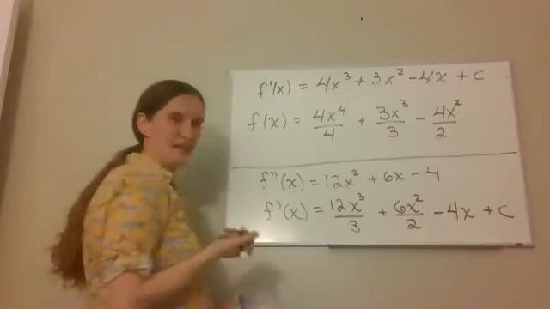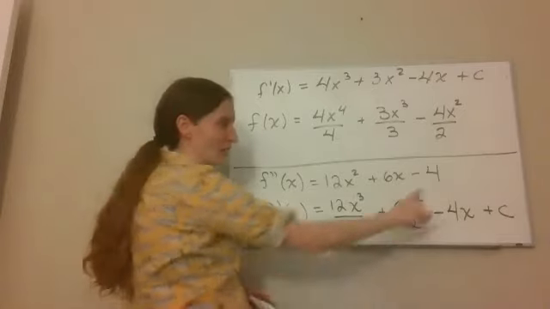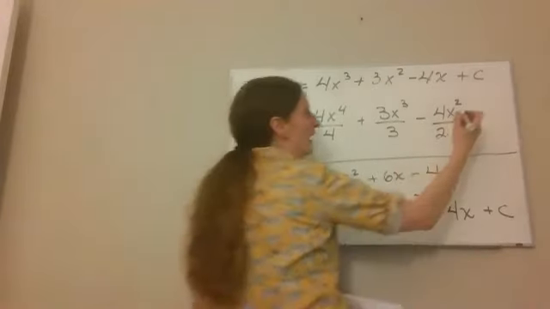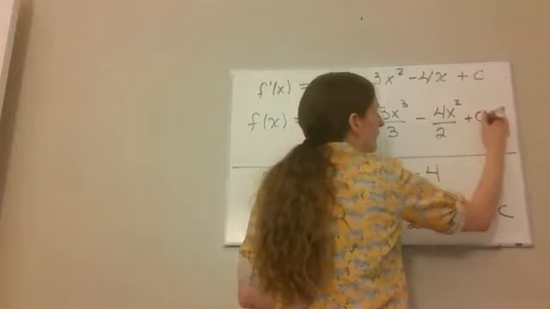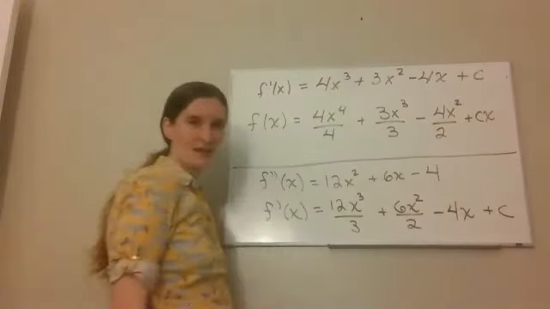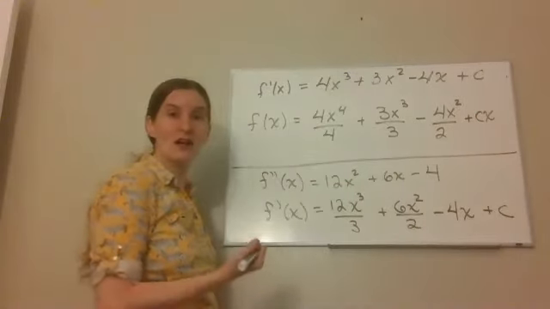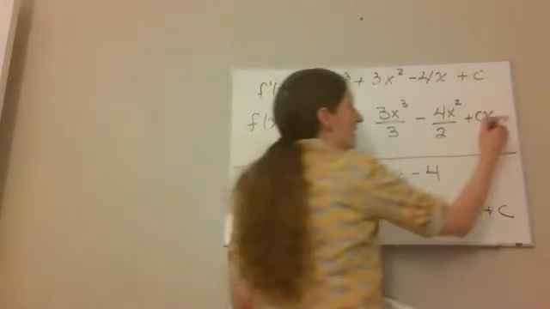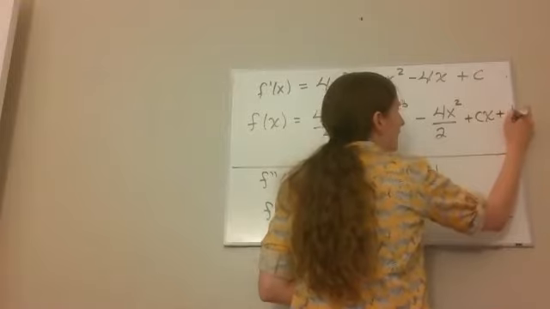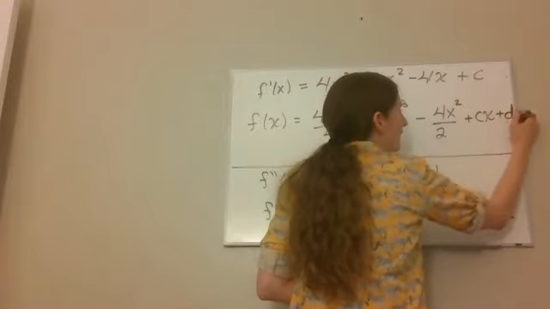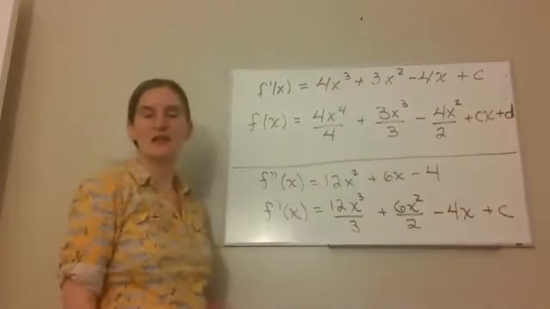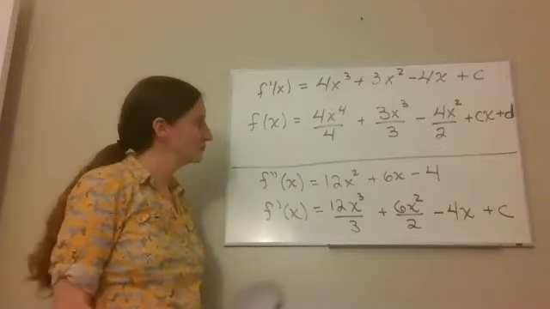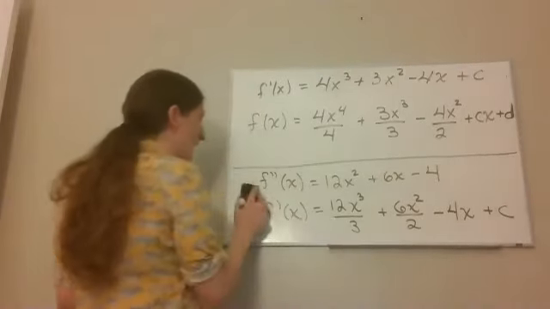Now what do I do with that c? Well, that's just like what we had here with this minus 4. Antiderivative of a constant is that constant times x, because the derivative of a constant times x is just the constant. And now I need another constant added on. I'm not going to call it c this time because I already used c, so I'm going to use d over there. So that's what f looks like.